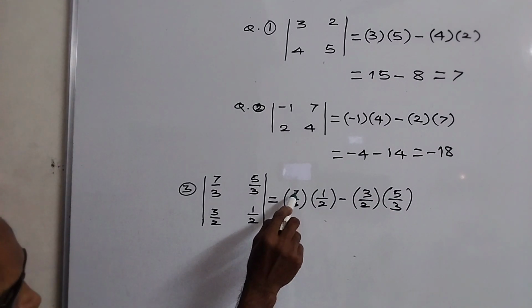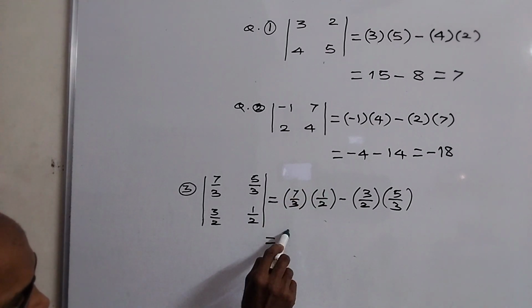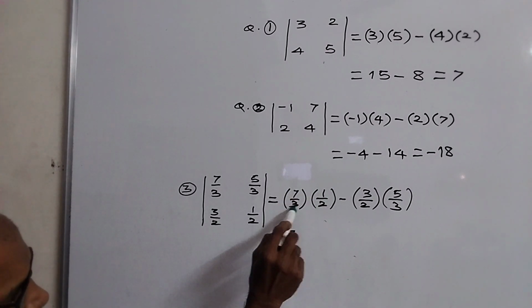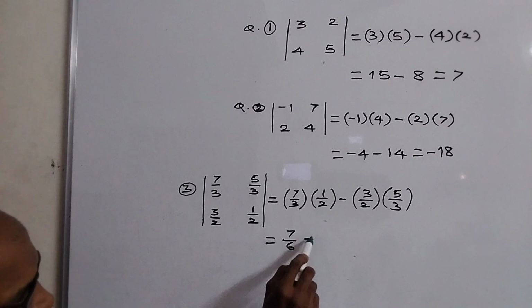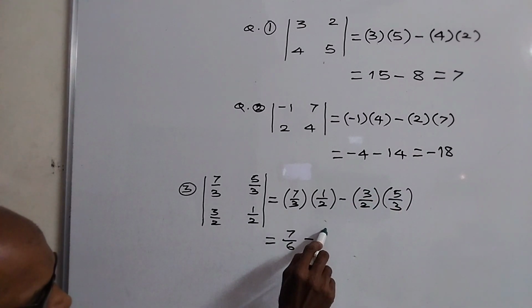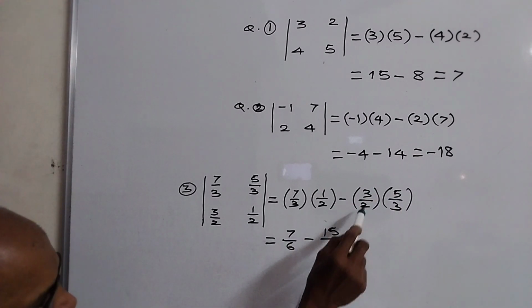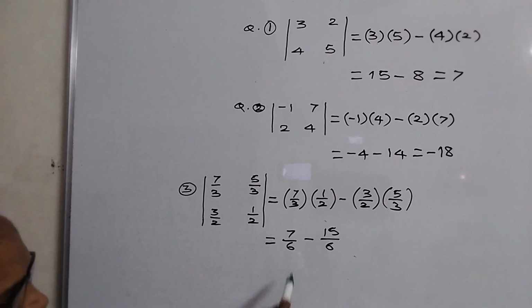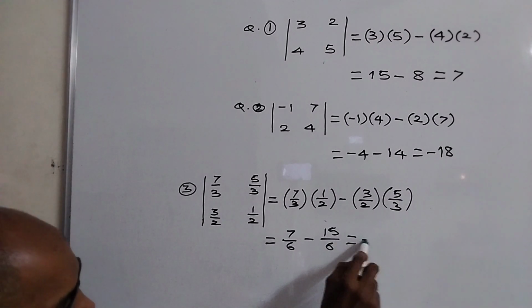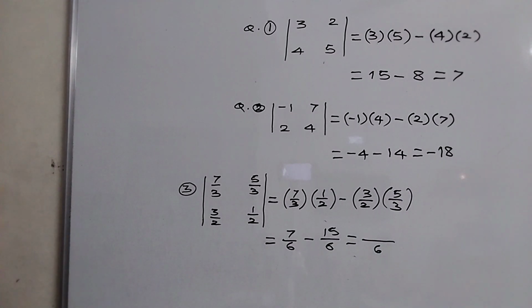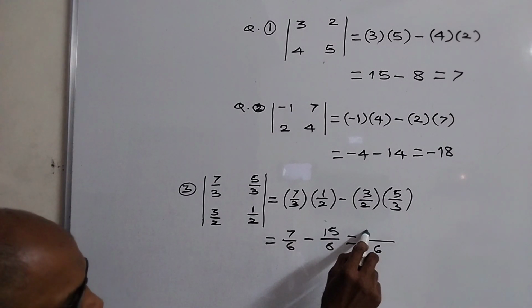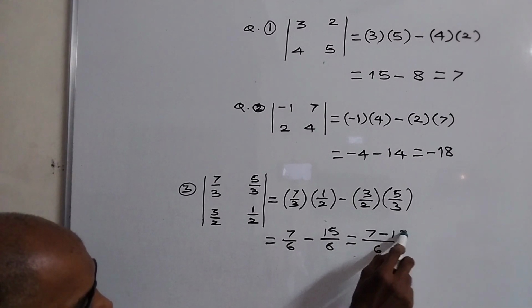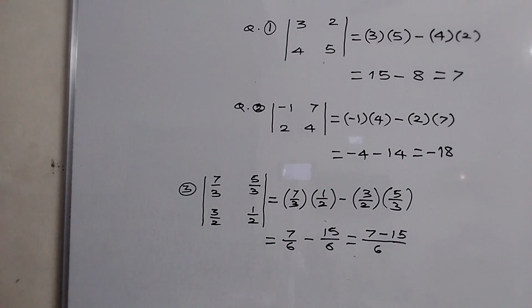Therefore the product of this: 7 into 1 is 7, 3 into 2 is 6, minus 3 into 5 is 15, 15 upon 2 into 3 is 6. Now the denominators are the same, so we write them as they are, and subtract the numerators: 7 minus 15.